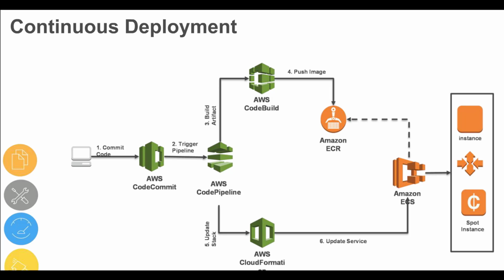So I push it to a code repository, which in this case is AWS CodeCommit. It could be GitHub or any other repository of your choice. Now, once I commit my code, I could probably have a code scan tool that scans the code, which is not on this picture, and trigger that pipeline.